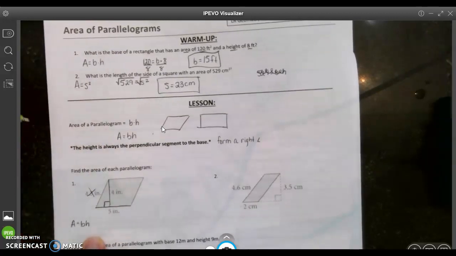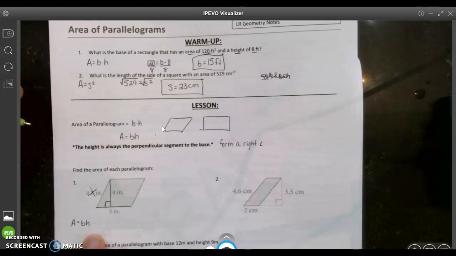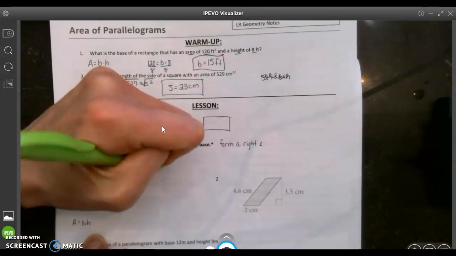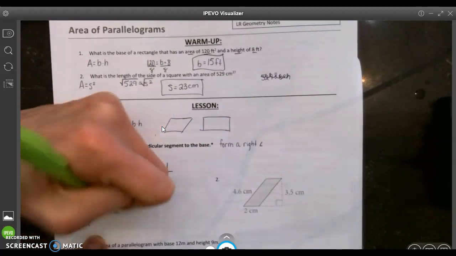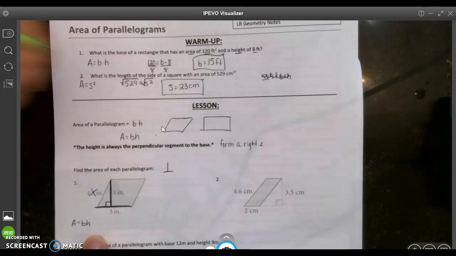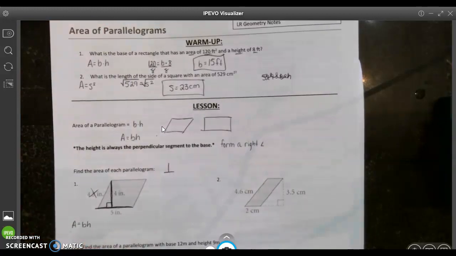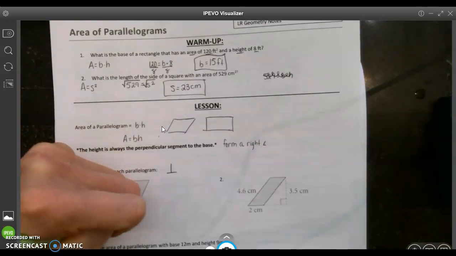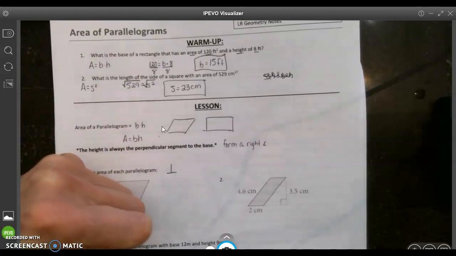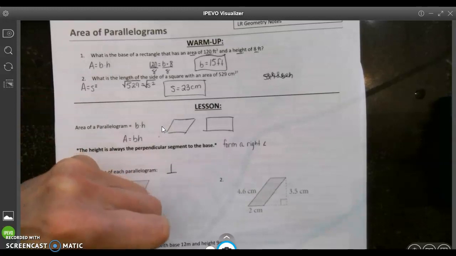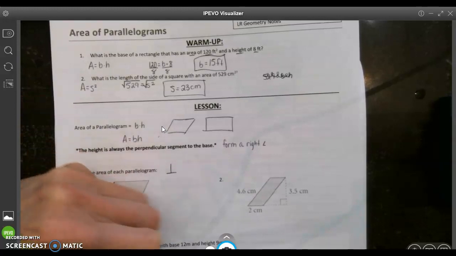This is extra information. That's the side of the parallelogram, and I don't want that. I'm looking for a base and a height. So area equals 5 times 4, and that area is going to be 20 inches squared.